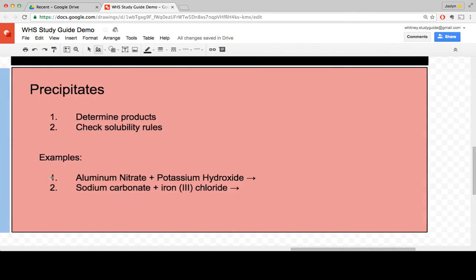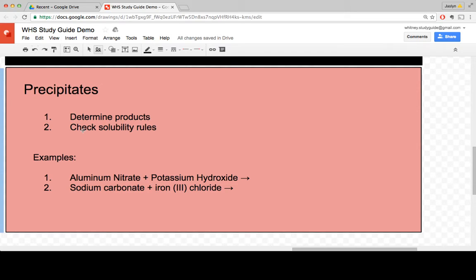Okay, now we're going to go on to predicting precipitates. Now, the important thing is the precipitate rules that Mr. Bender has given us are pretty self-explanatory, but the way they work basically is that you have to first check if they apply to the first box. So what is soluble?